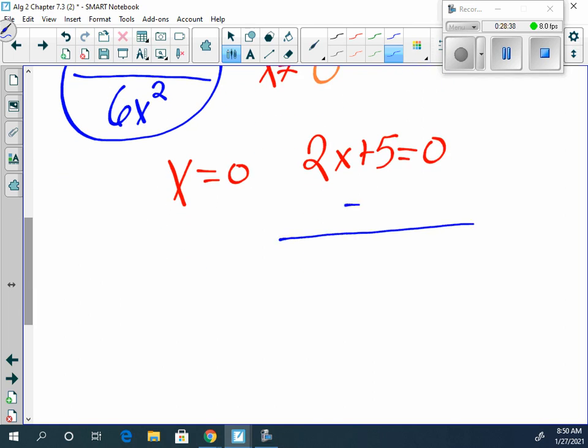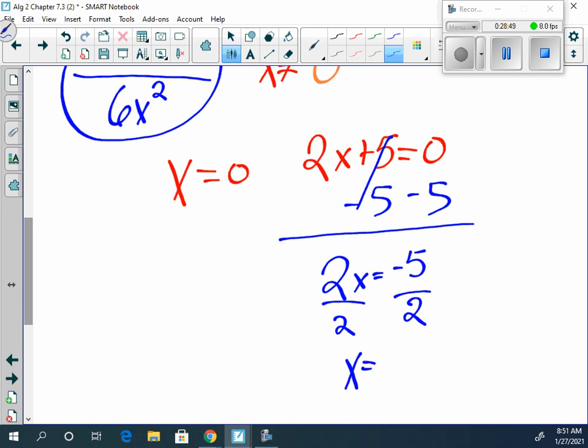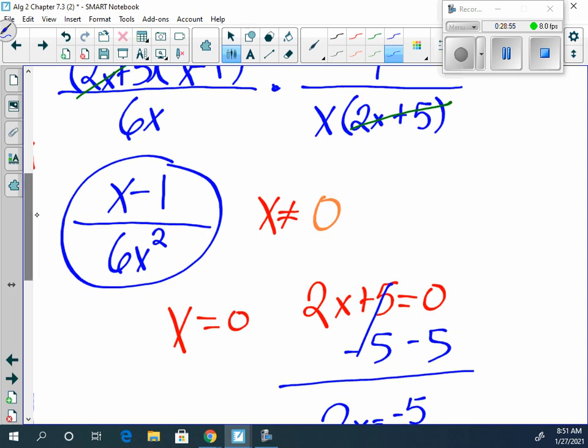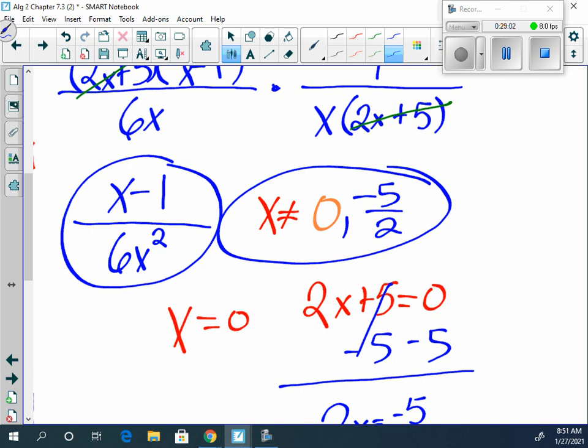Because if we looked at it here, we would subtract 5 from both sides for those to cancel, telling me 2x is equal to negative 5, then we would divide by 2, and x is equal to negative 5 halves. And those there would be our restrictions.